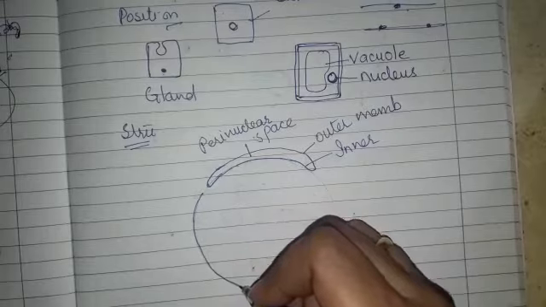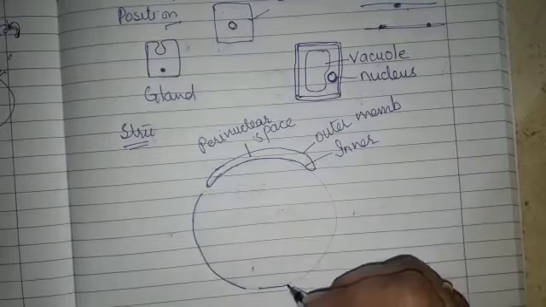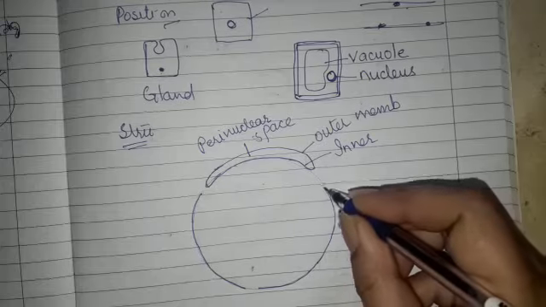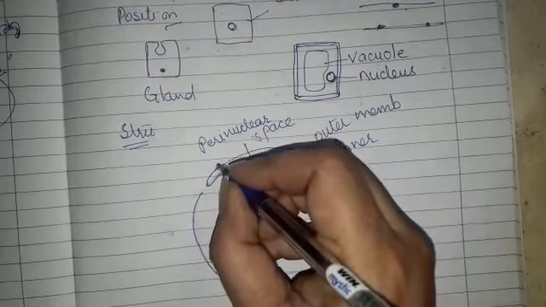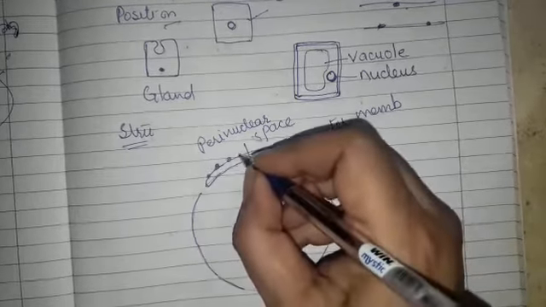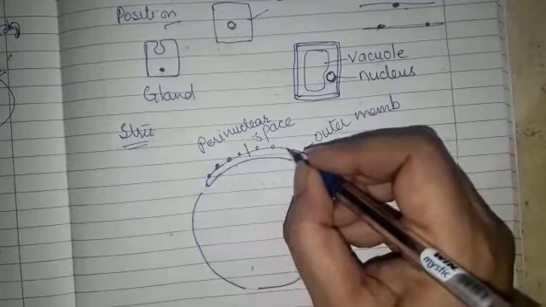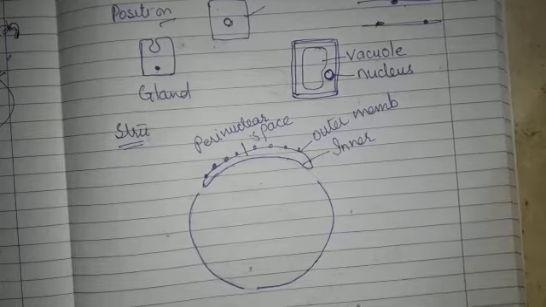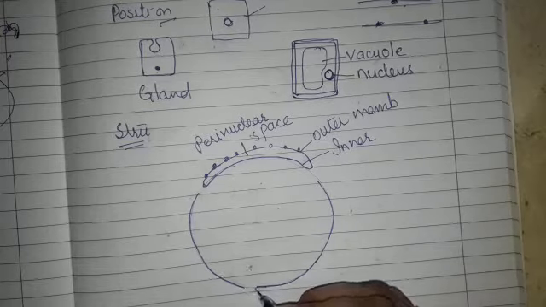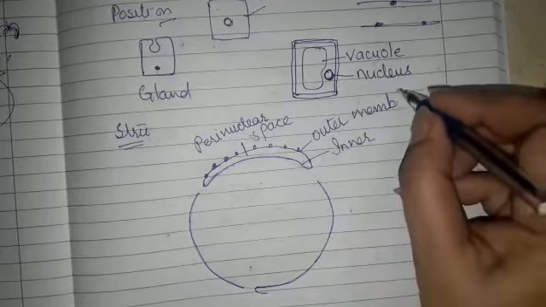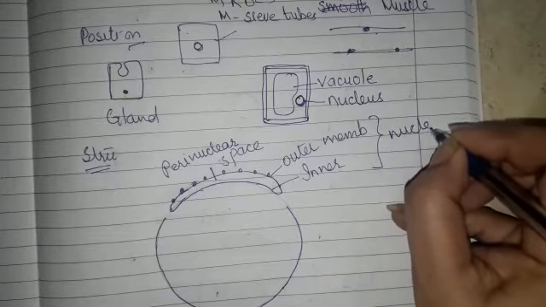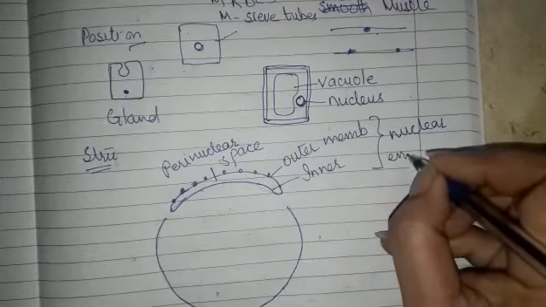The inner membrane is smooth, it lacks ribosomes, whereas on the surface of the outer membrane there may be ribosomes present. And these two, inner and outer membranes of nucleus, form the nuclear envelope.